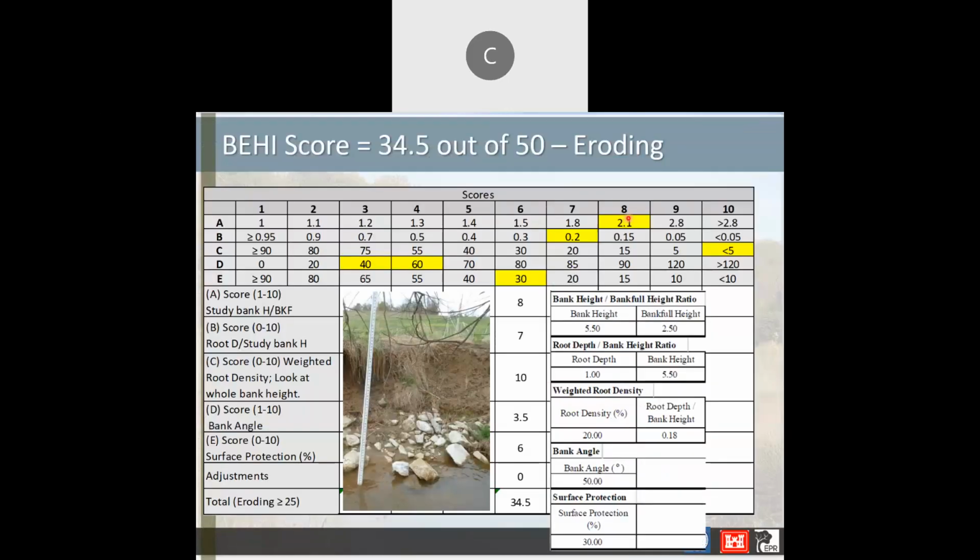Taking those numbers to determine how many points it gets on the BEHI scale, I highlighted the values, and this one gets 34.5 points, which is greater than 25. So this bank is eroding, and it corresponds to a high bank erosion hazard index.